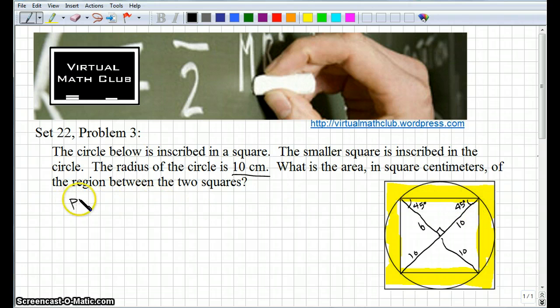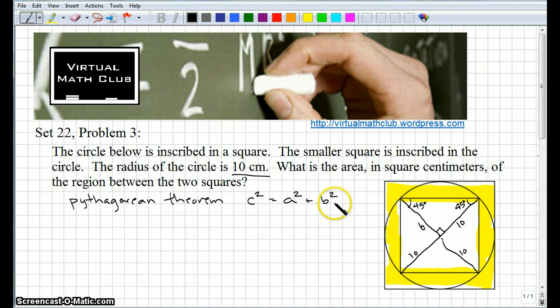So the Pythagorean theorem says that the square of the hypotenuse is equal to the sum of the squares of the two sides.